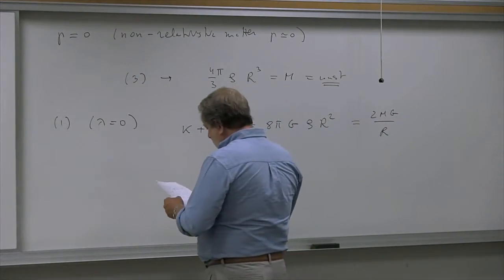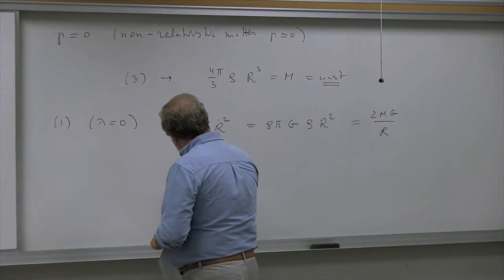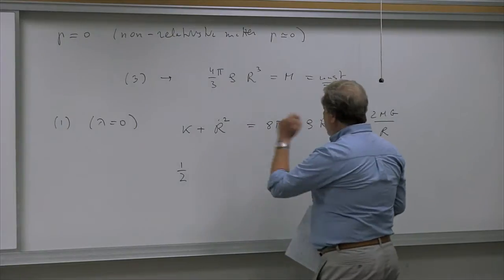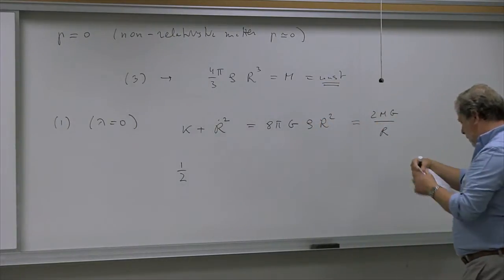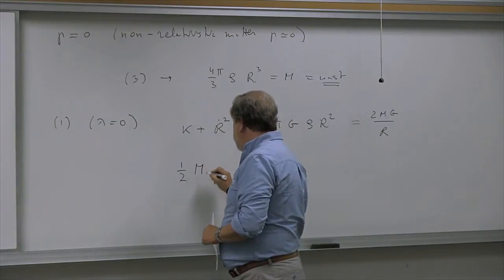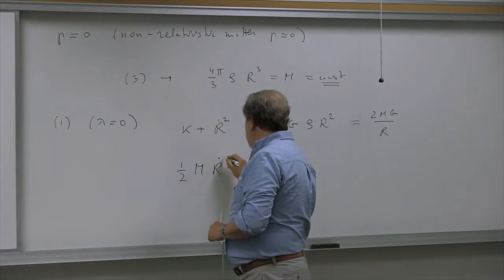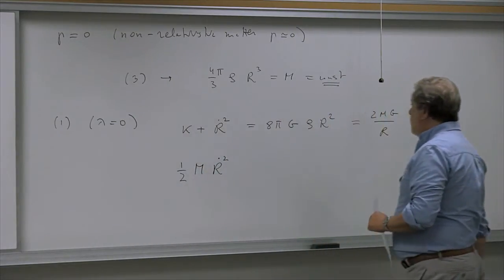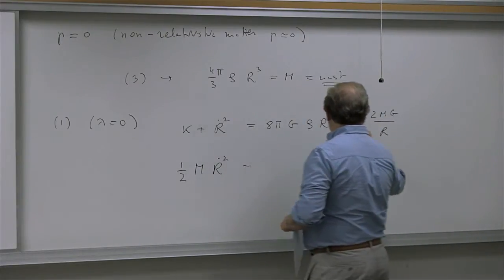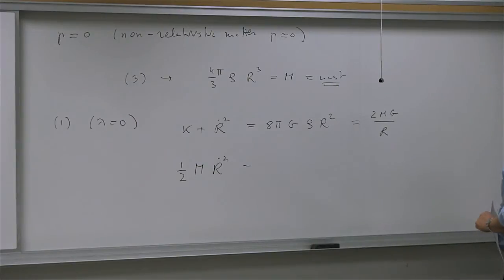Right? So that means that you can write this as 1/2. So let's divide out by 1/2 so that we have the r dot squared multiplied by 1/2, and let's multiply by m. So 1/2 m r dot squared minus, and so we'll subtract out this term here.